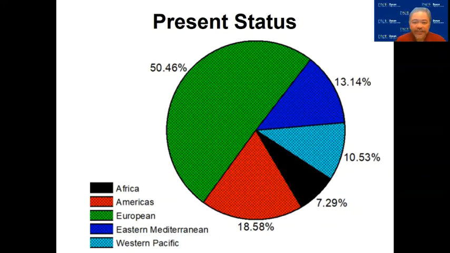Asia has almost nothing here. We are in the Western Pacific, can we say? So in Asia, it's not really prevalently used.